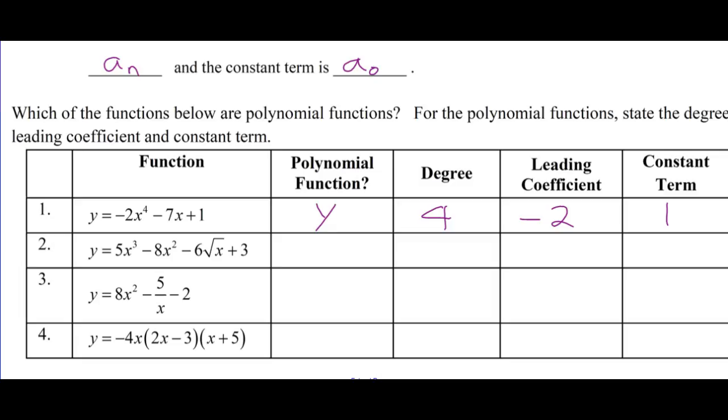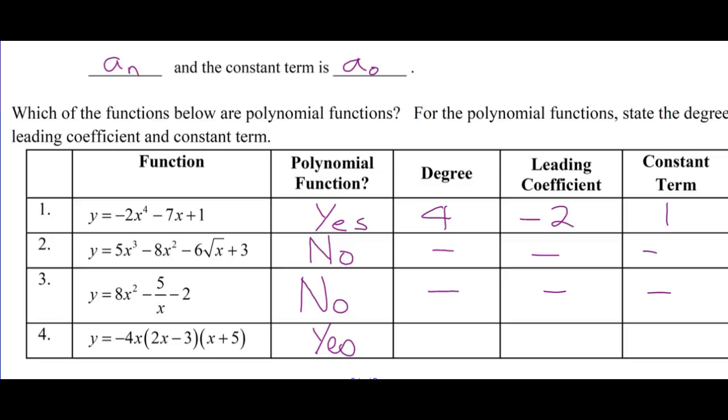So yes, it is. It's of degree 4. The leading coefficient is a negative 2, and the constant term is. Okay. 2 and 3. Why is 2 not a polynomial function?